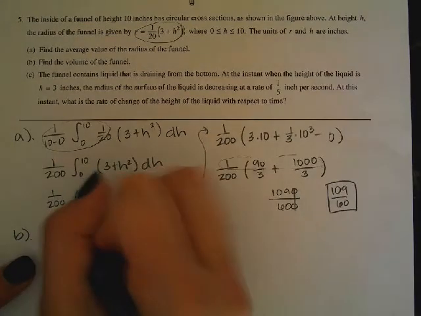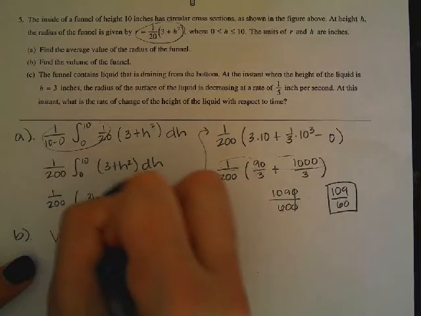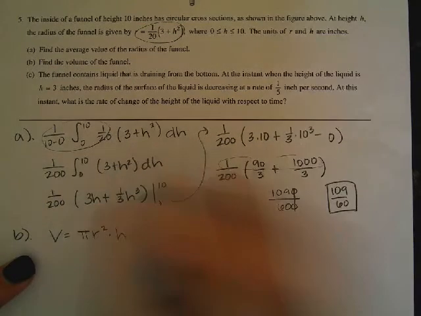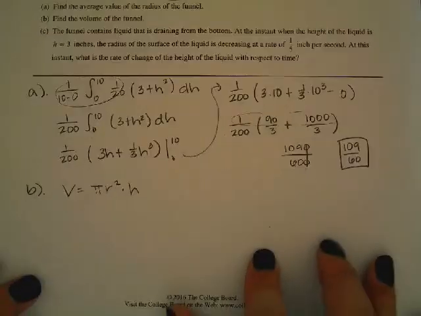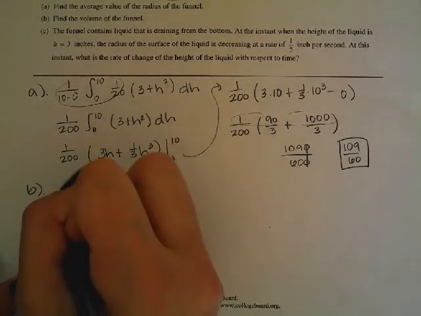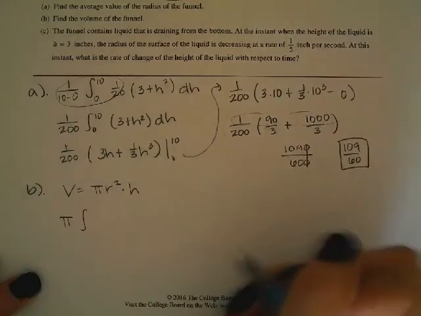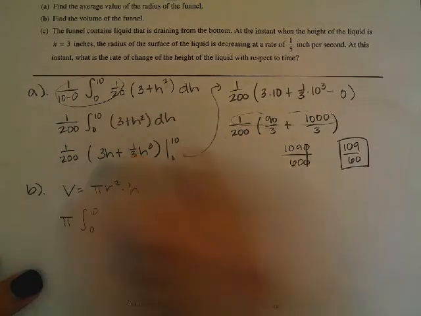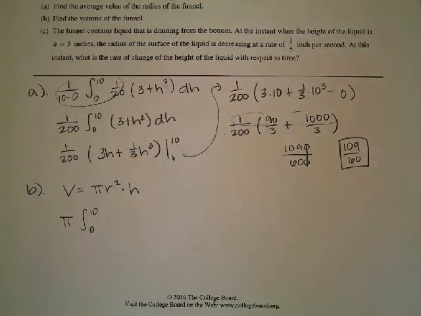And so we're going to say this is area of the base, pi r squared, times the height, which we'll call h. Okay, so if we're going to set this up as an integral, then for volume we have the pi, and the integral from 0 to 10, based on the radius changing, and then the height.